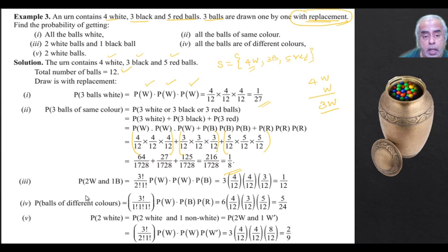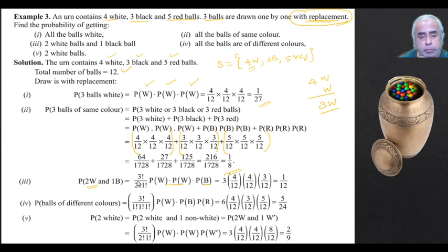Do you understand? And similarly, what is the next question? Probability of 2 white balls and 1 black ball. The total space is 3, out of which you are taking 2 and 1. So you have to do 3 factorial divided by 2 factorial into 1 factorial, and twice the probability of white and once the probability of black.